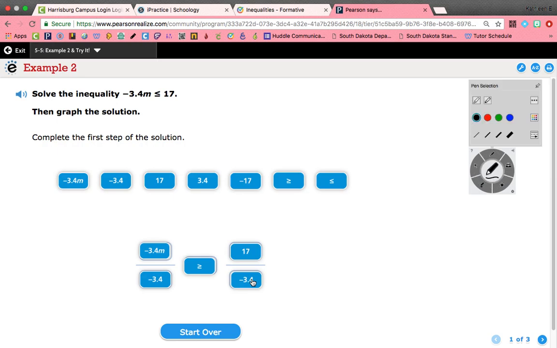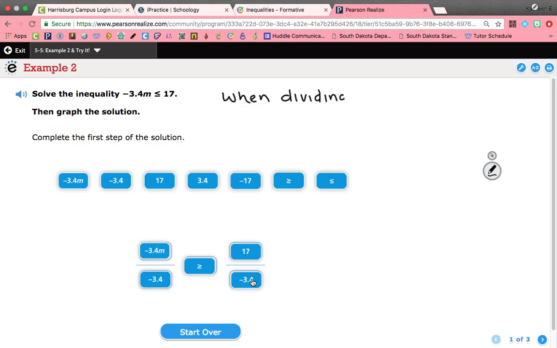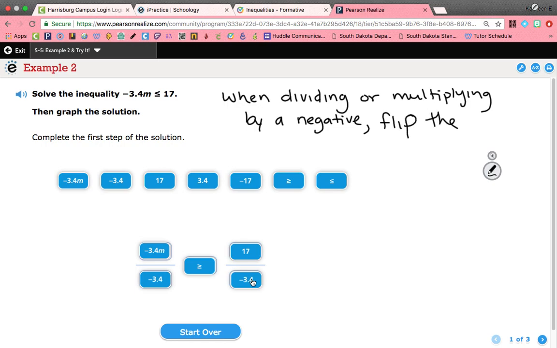The thing that we need to remember about topic 5.5 is when dividing or multiplying by a negative, flip the inequality symbol.